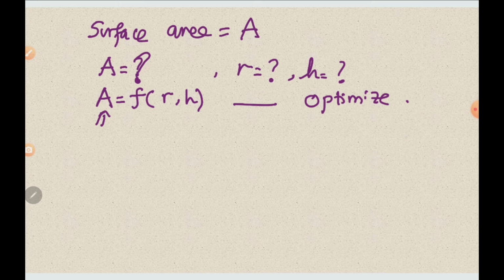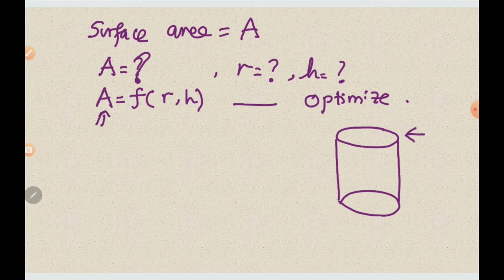For a right circular cylinder, we have a shape like this, where you have two circles, up and down.